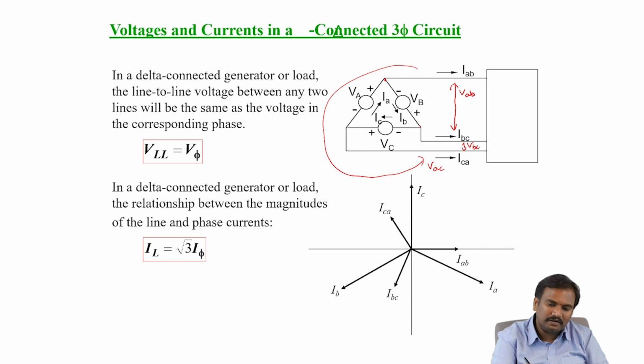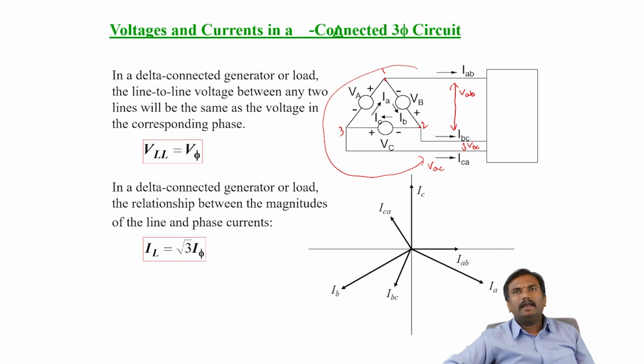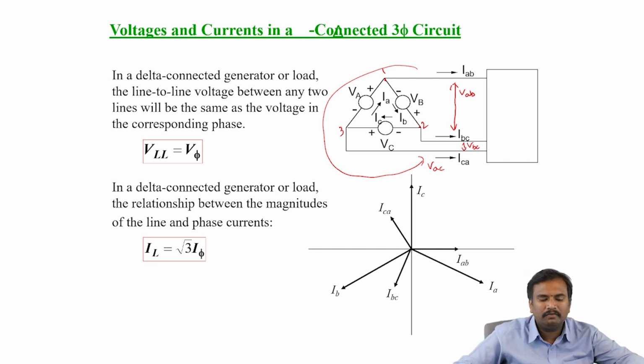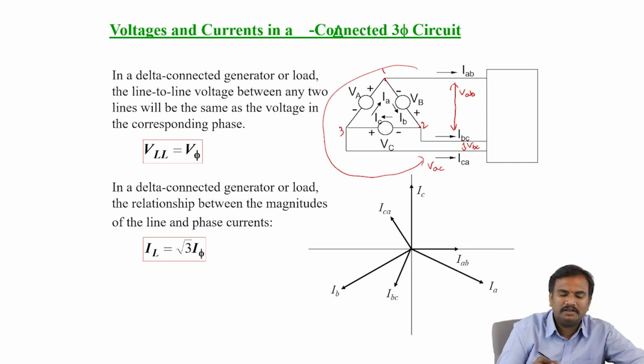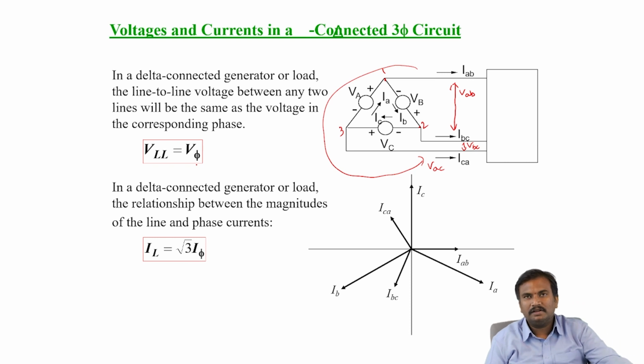Let us consider these are terminals 1, 2 and 3. So VAB is the voltage connected between 1 and 2, and that is the same as the phase voltage. So in a delta connected system, the line to line voltage and the phase voltage are the same. V line to line equals V phase.